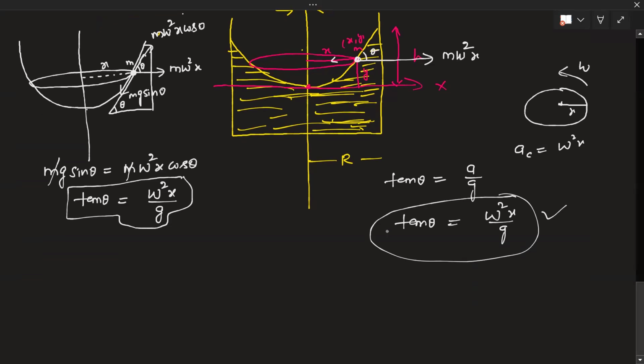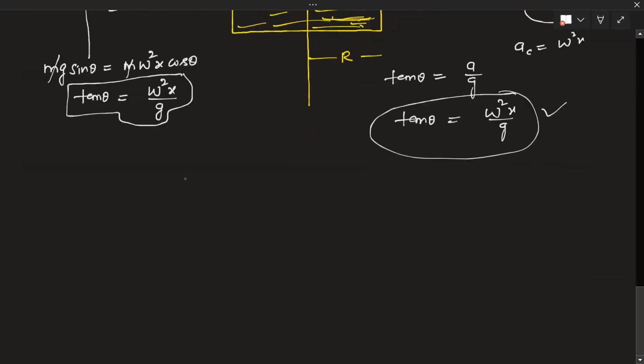Now, for a straight line tan theta is always the same, but here for a curve theta keeps on changing. So in place of tan theta, I am going to write dy by dx, that is the slope, equals omega square x by g.